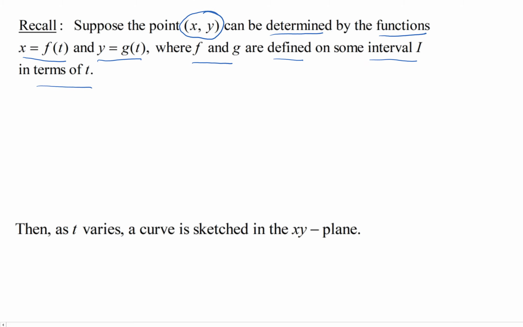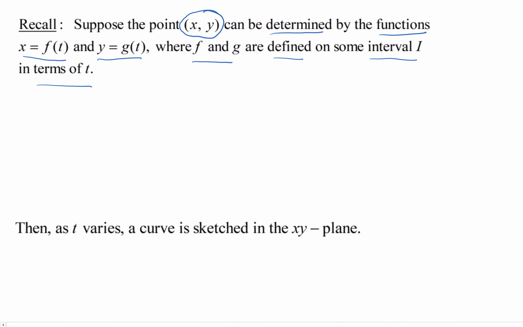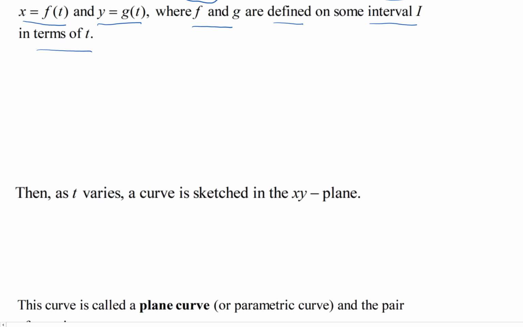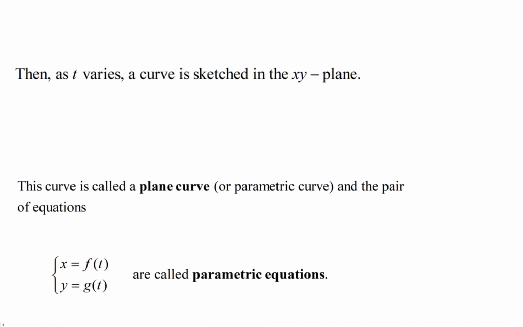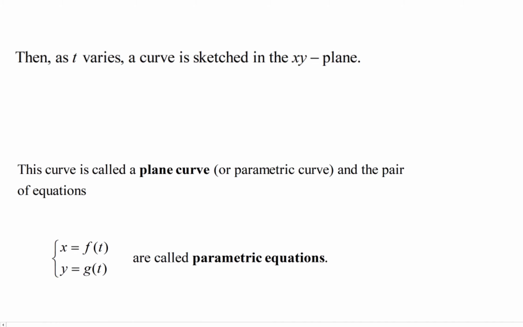Now, of course, as we let t vary, both x and y vary. So they're going to move around in the plane, in the xy plane. And so this is our parametric equation setup. The curve that is produced by this type of situation is called a plane curve.